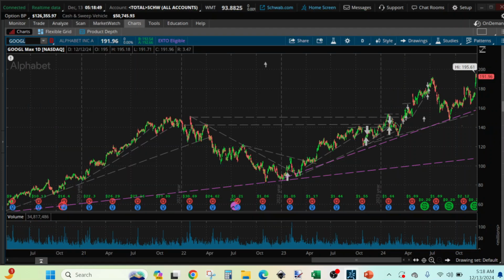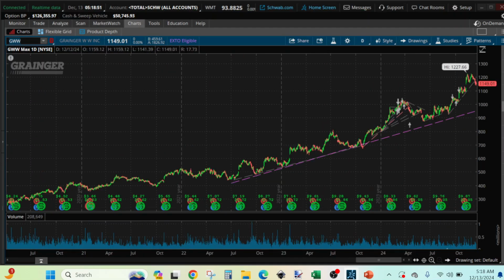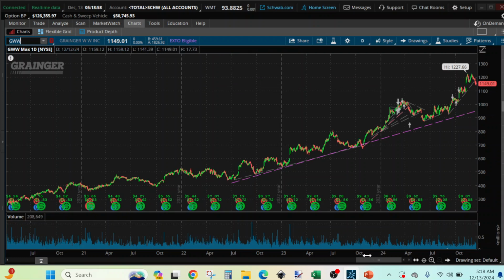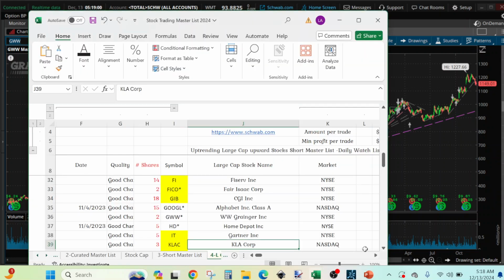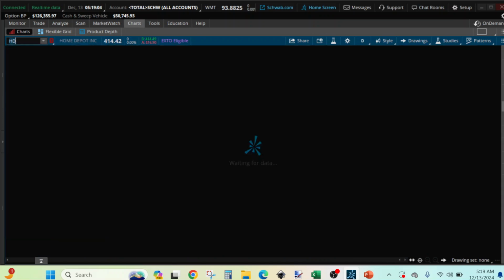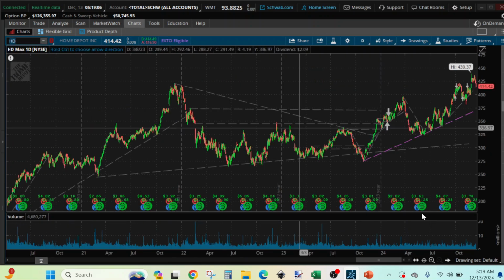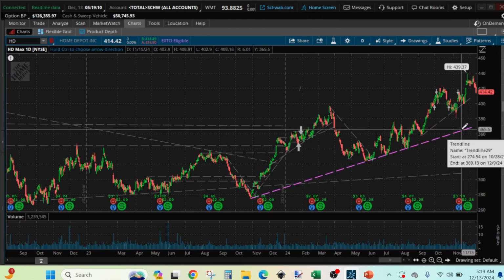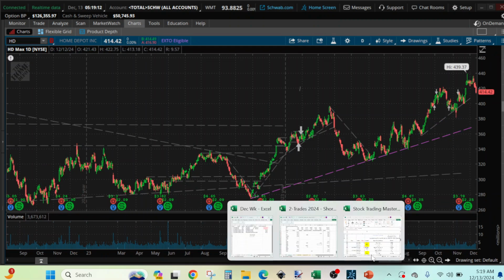GW is high there, but we like to buy it on this line. It's pulling back, but we just wait. HD, we like to buy it on this line, so we just wait on it.